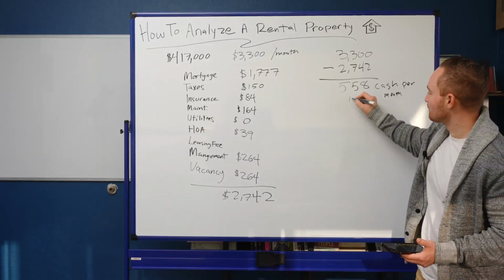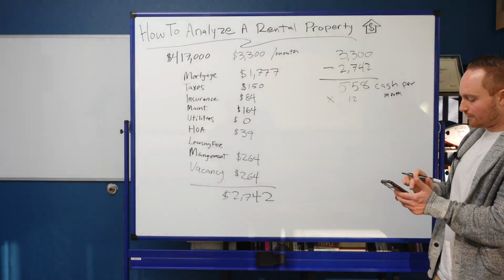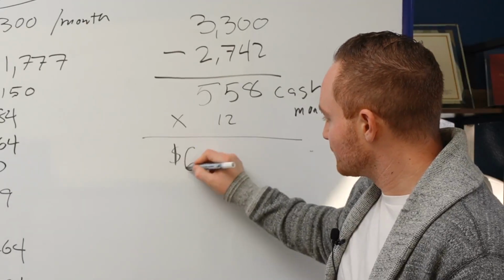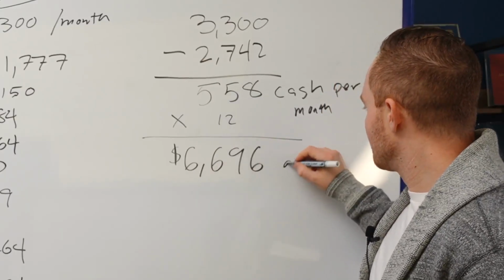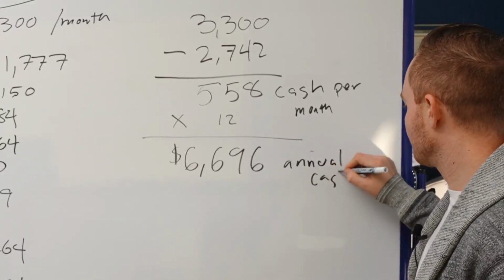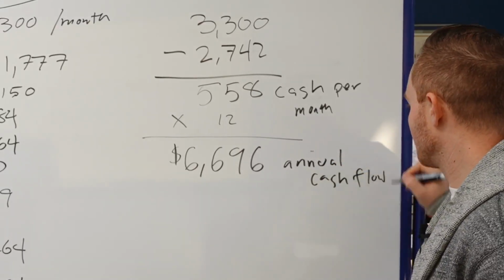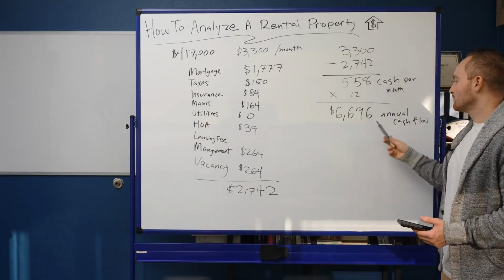So we simply multiply that by 12 to get to our annual cash flow number, $6,696. This is called our annual cash flow. This is the passive income, right? Because we have our gross revenue, we have our monthly expenses, and then after a full year, this is it.